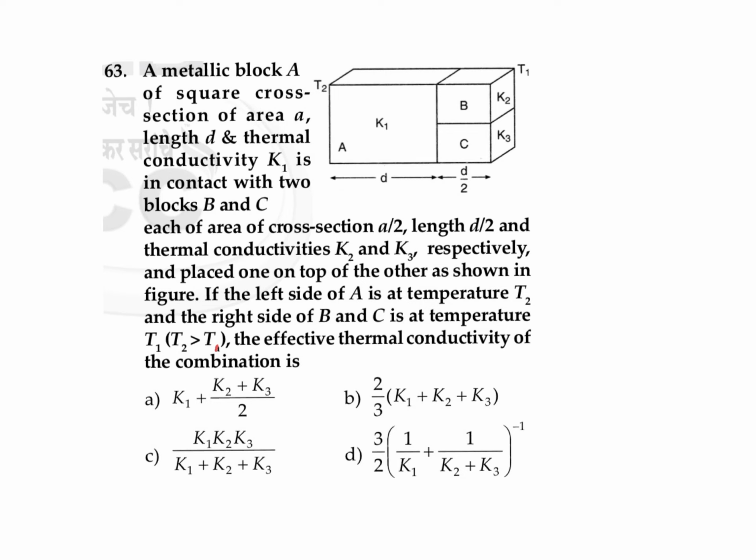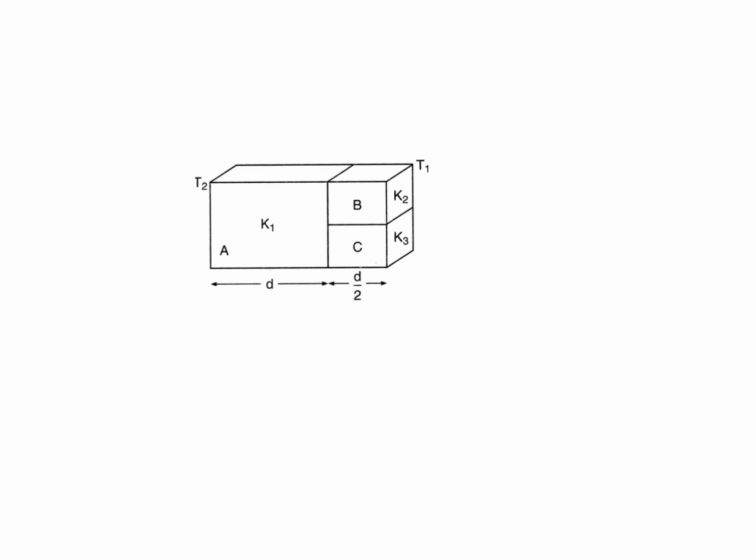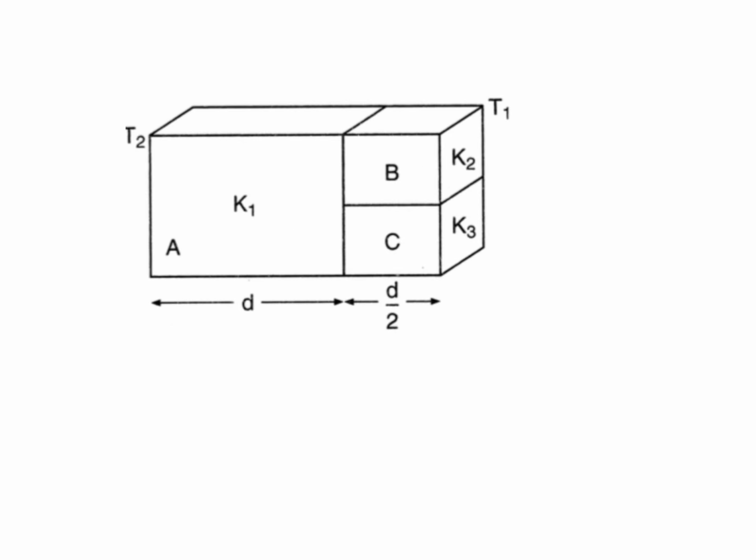So here you can say that there will be a flow of heat energy from a high temperature region to a low temperature region. For calculation purposes, we can consider the series as well as parallel combination of resistors. We can imagine it like this.